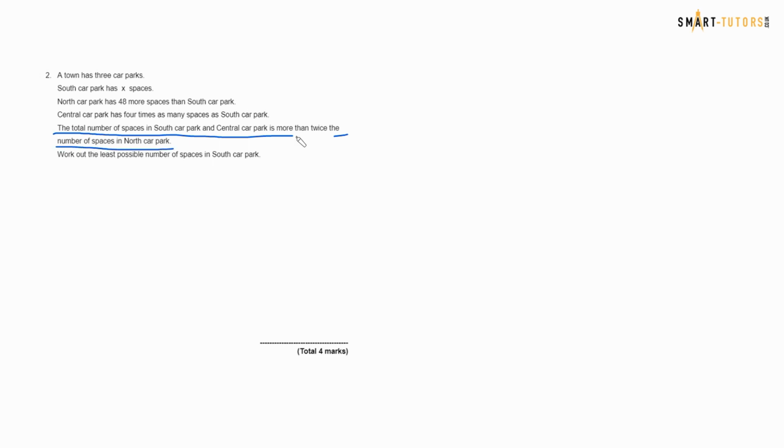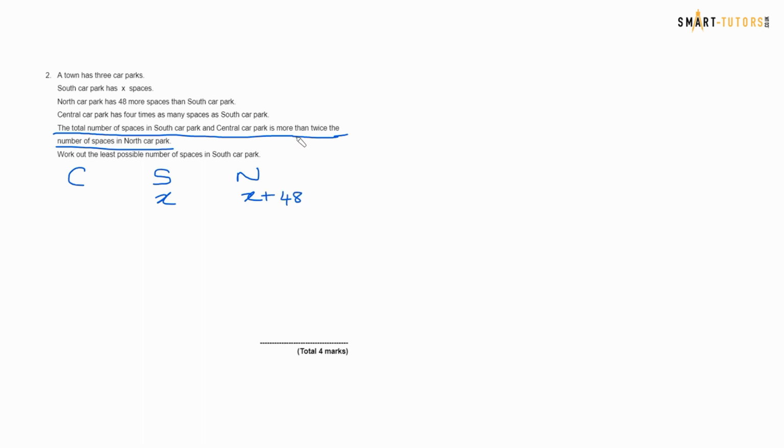So let's start to form the equation and solve the equation in the second step. So first of all, there's a South car park and North car park and Central car park. South car park has x spaces. North car park has 48 more spaces than South car park. So x plus 48.